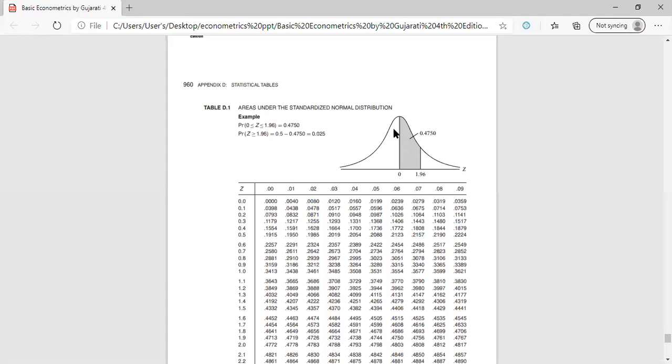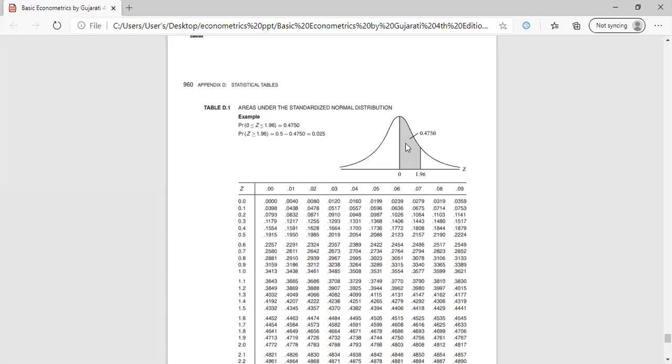This is the density function of the standardized normal, which is bell-shaped, and 0 is the mean. Remember, standardized variable has mean 0, variance 1. From 0 to this side the probability is 0.5, and this area is also 0.5, a perfectly symmetric distribution.